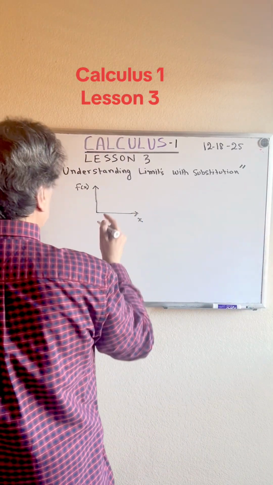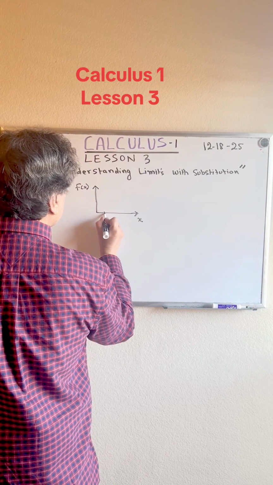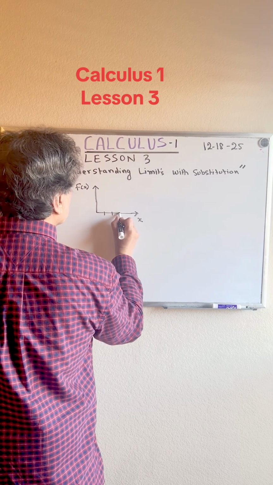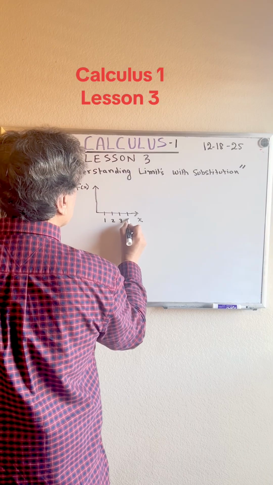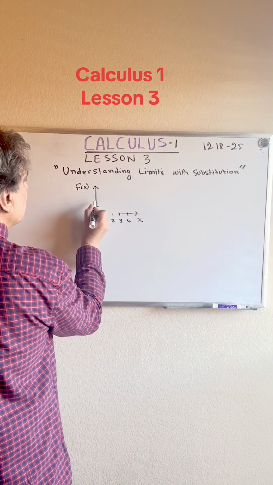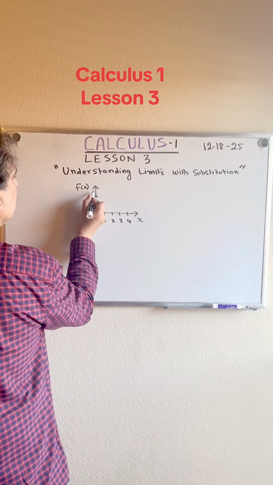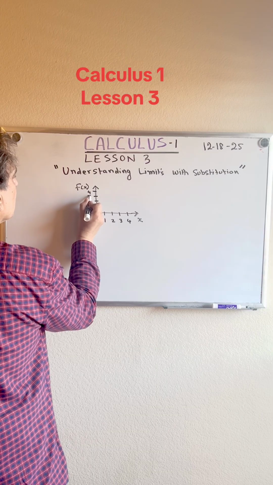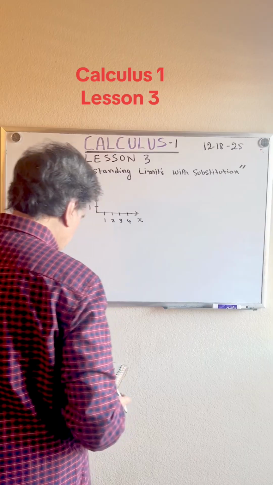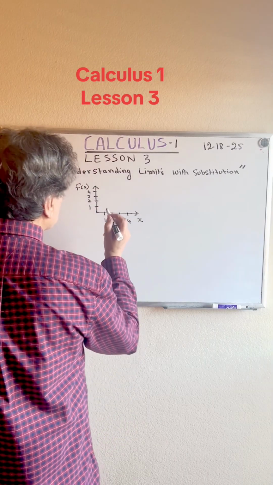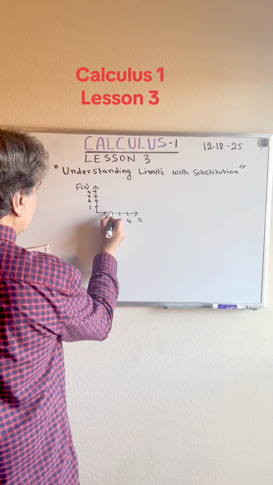So let's go ahead and draw a graph. Let me draw it quickly. 1, 2, 3, 4. 1, 2, 3, 4. 4, 3, 2, 1. Okay. So let's say we are at this position right here.